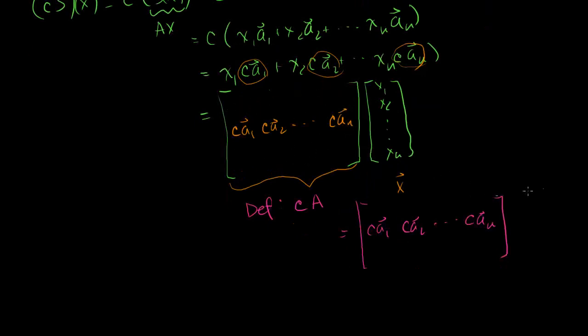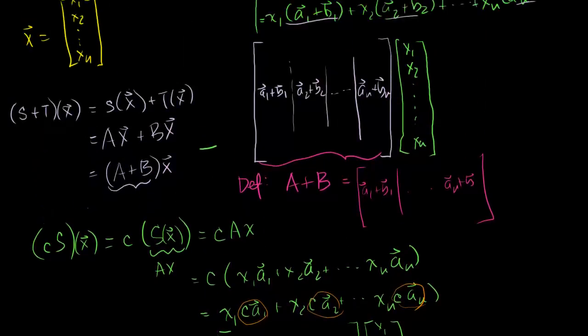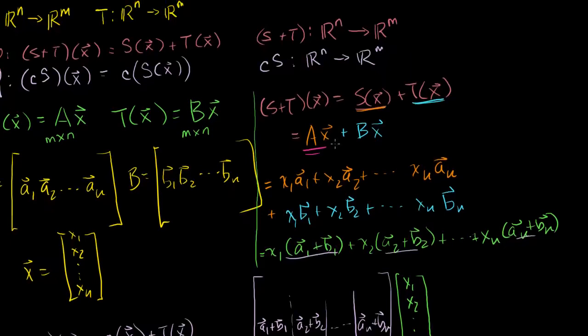And while watching this video, you're probably saying, hey, Sal, I already knew how to, in algebra 2 in 10th grade or 9th grade, I was already exposed to multiplying a scalar times a matrix or adding two matrices with the same dimensions. Why did you go through all this trouble of defining the sum of transformations and the sum of matrices?